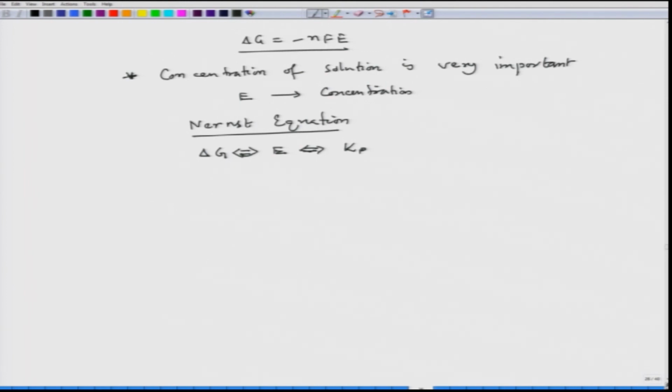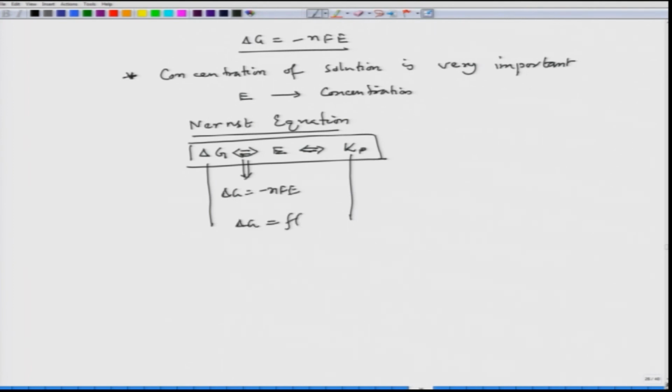So, this Nernst equation will enable us. We have understood the relation delta G equal to minus nFE. We have to understand the relation between these two, and then we will see how concentration comes into play.